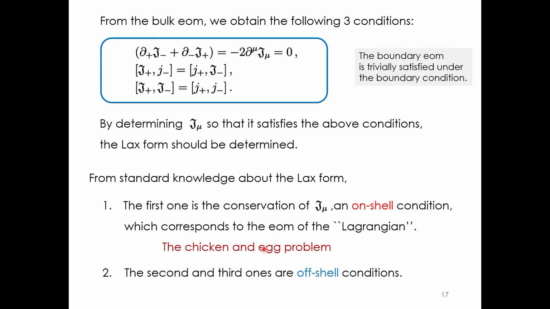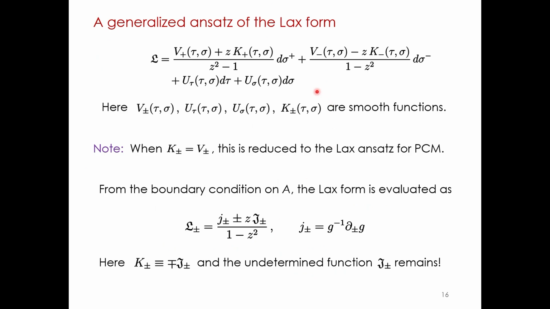This is quite a confusing point. Usually, if we take the simple Lax ansatz, the Lax pairs can be completely determined by using the boundary conditions. So there should be no this type of problem. But if we adopt this type of generalized ansatz, an unknown function remains.